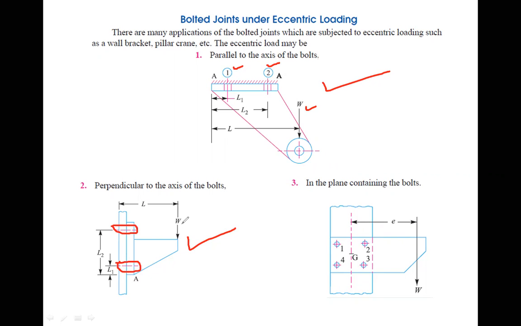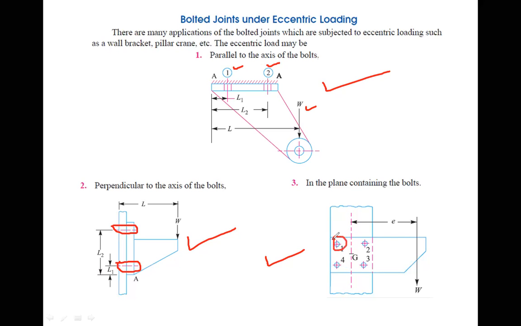Okay. The third case that we are going to see is where the load axis is not parallel, not perpendicular, but in the plane containing the bolts. So here this is the direction of our load, and the bolts are here.